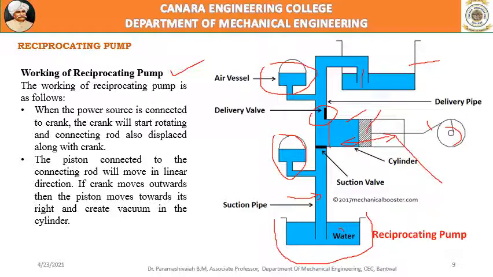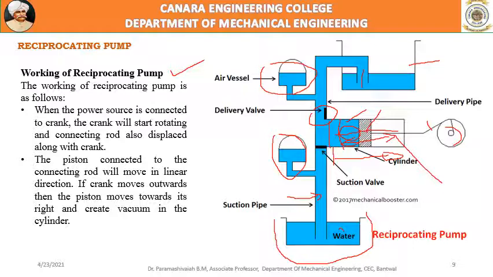Piston at this position, and we start with the suction stroke. When the piston moves from left side towards right, that stroke is called the suction stroke. During this, due to the piston movement, a vacuum is created inside the cylinder.